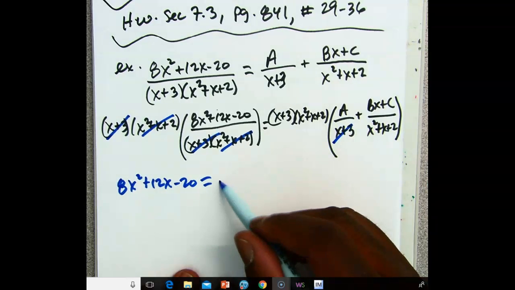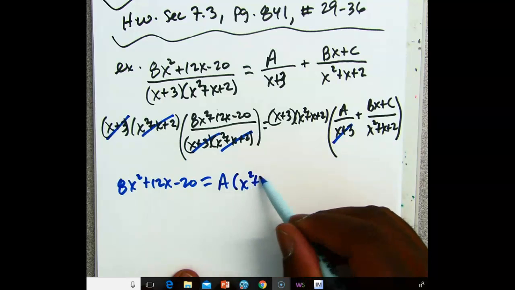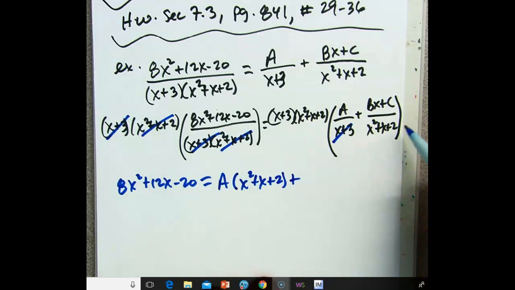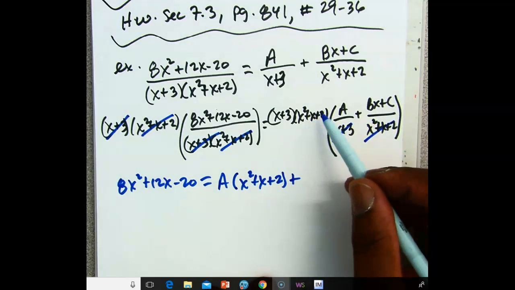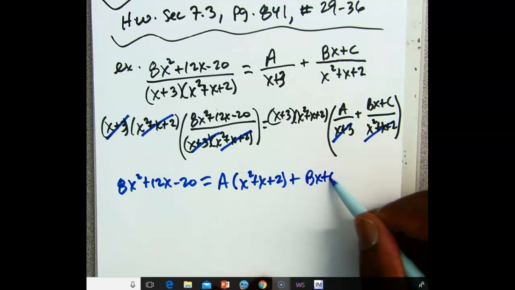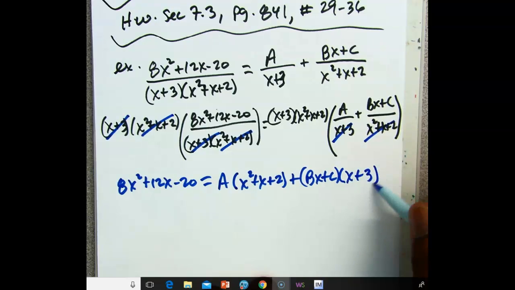So we're left with A times x squared plus x plus 2, plus, and with our second term here, it's the x squared plus x plus 2 that's reduced to 1. So we're left with Bx plus C times x plus 3.